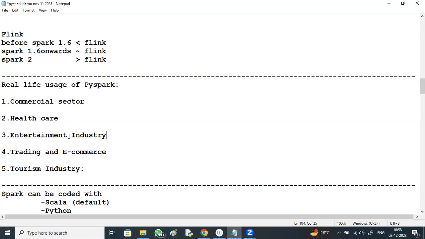It streams nearly 450 billion events per day. In trading and e-commerce, websites like Flipkart and Amazon use Apache Spark for advertising and recommendations. You should have seen recommendations. Even in machine learning, there are recommender systems: user-based recommendations, item-based recommendations. A person purchases a mobile phone, and people who purchase this product also purchase another product, so it is recommended, just like YouTube videos.